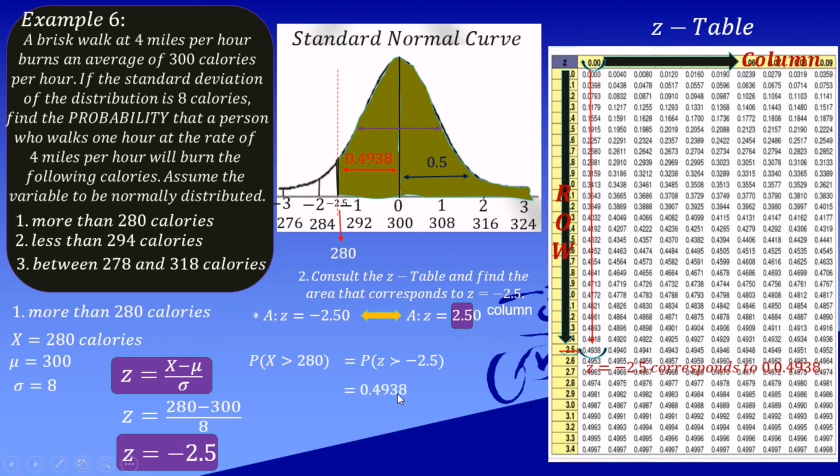So, the shaded region, 0.4938 yung ating negative 2.5 to 0, add with the half of the normal curve that is 0.5, then get the sum. So, the probability is 0.9938. Yan ang probability that a person who walks 1 hour at the rate of 4 miles will burn more than 280 calories. Yan ang probability.